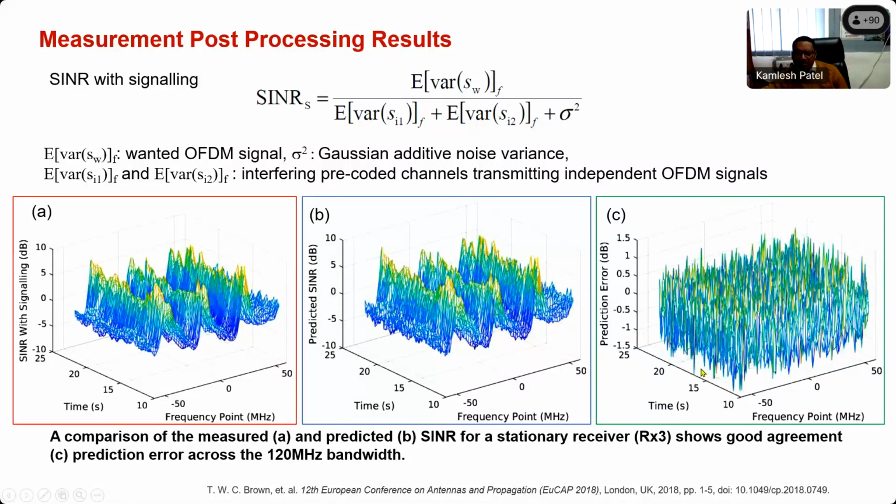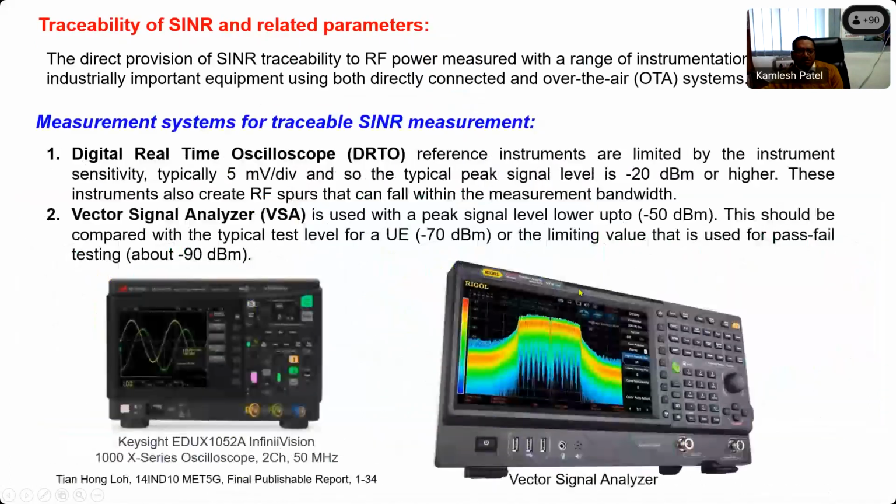There are one or two locations in time or frequency where the difference between these two SINR values is higher than minus 1 or plus 1. Otherwise, in more than 95% of the frequency points or time, the prediction error is less than plus or minus 0.5%. So this measurement was performed.